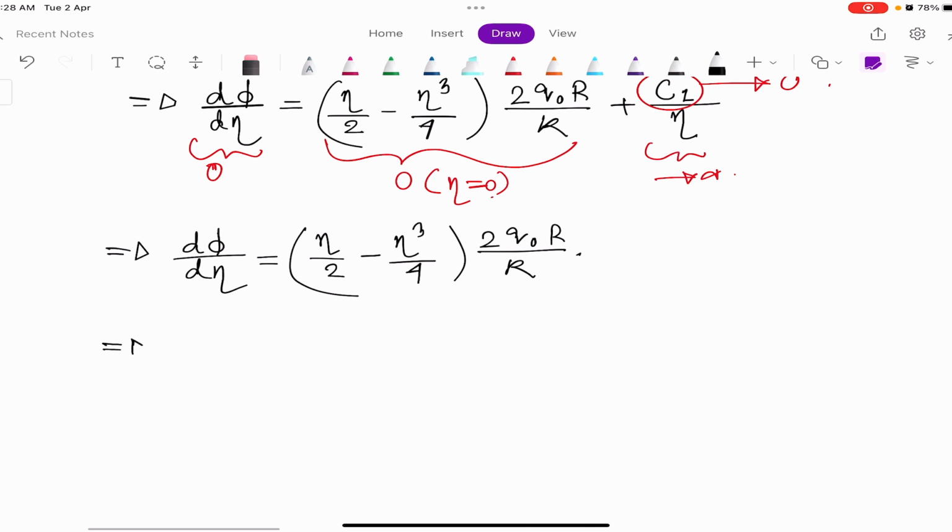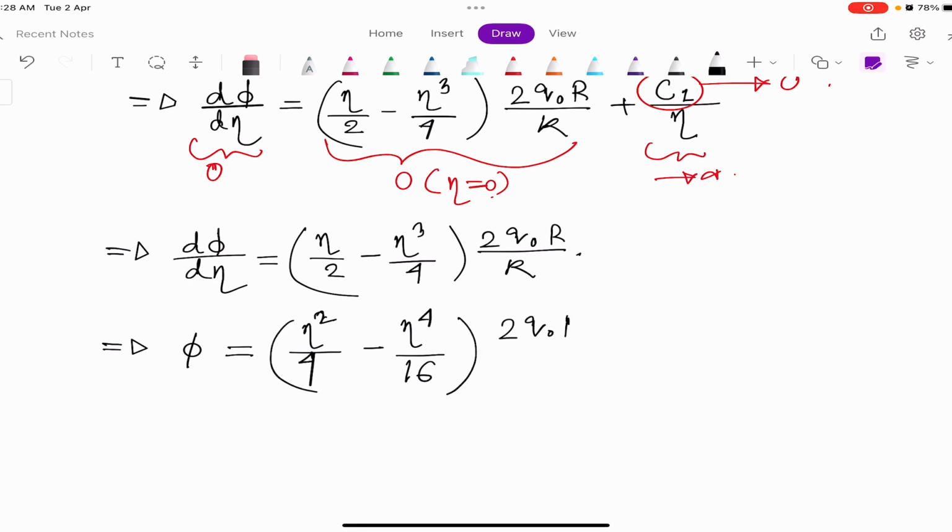That means your φ will be η²/4 minus η⁴/16, into 2q₀R/k.